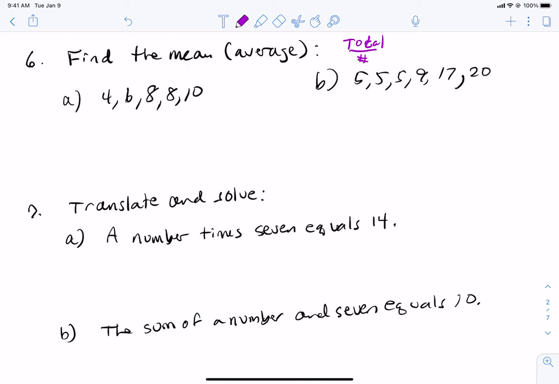So if we look at the total divided by the number on the list, we're going to add up 4 plus 6 plus 8 plus 8 plus 10, which is 36. Count the number of items on the list. We've got 1, 2, 3, 4, 5 things. We're going to divide by 5. And 36 divided by 5 is 7.2.